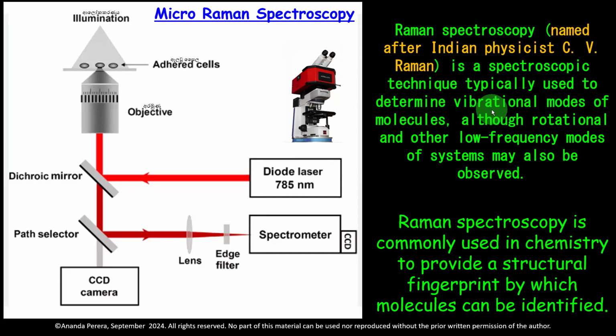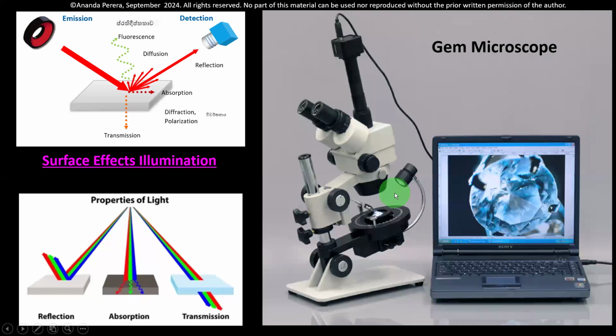So we can check the vibrational modes, although rotational and other low frequency modes of systems may also be observed through Raman spectroscopy. Raman spectroscopy is commonly used in chemistry to provide a structural fingerprint by which molecules can be identified. Raman spectroscopy can be used to identify the gemstone's molecules. So it is a very useful thing.